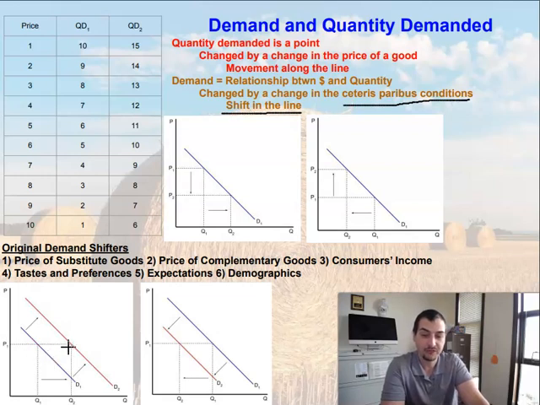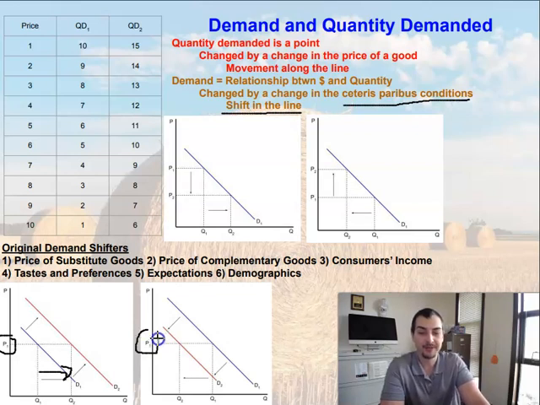Let's look at this one for example. We have a shift in the demand curve. It is shifted outward, and we keep the constant price level. But what has happened to quantity? Quantity has increased, even though prices never changed. That indicates that it was a shift in the demand curve. Anytime quantity increases but prices stay the same, we have an outward or rightward shift in the demand curve.